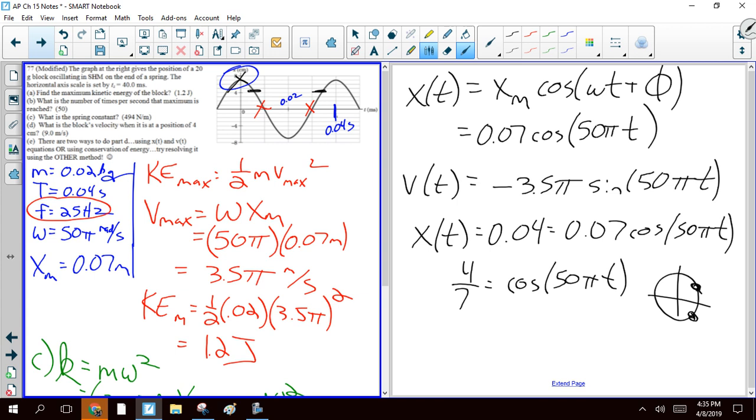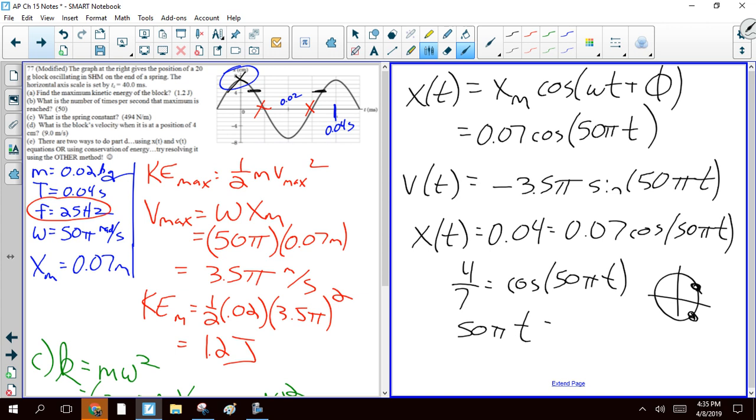I'm going to do inverse cosine of both sides: inverse cosine of 4 divided by 7. So now I'm looking at 50 pi times t equals, my calculator is in degrees, I need it to be in radians. It gives you 0.963.